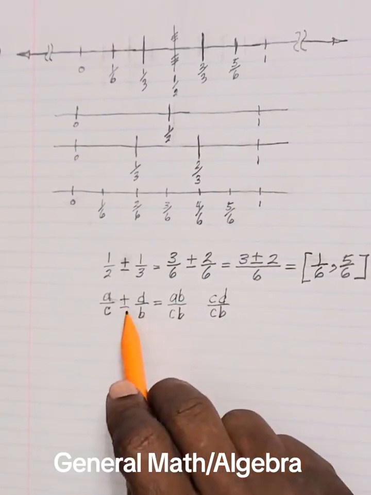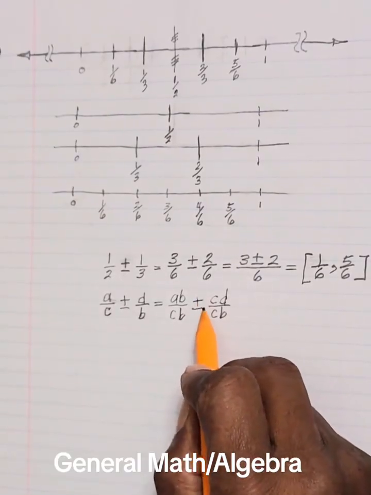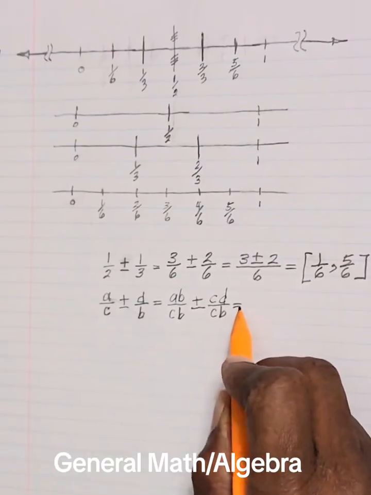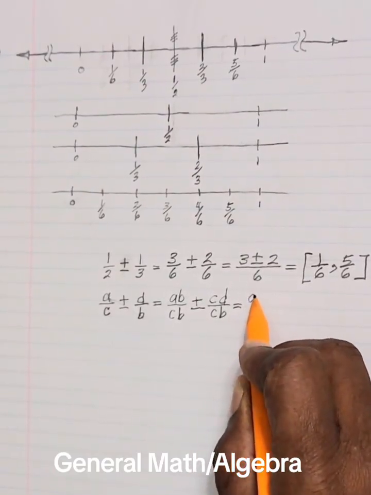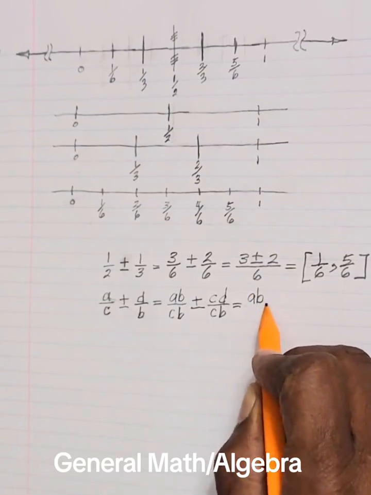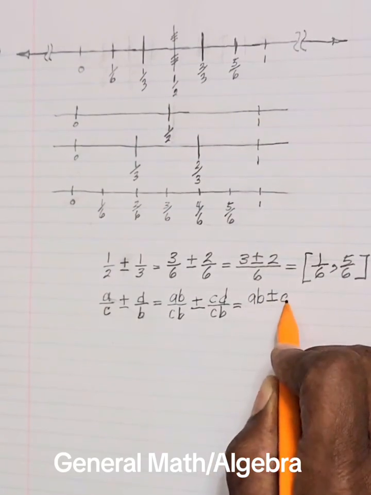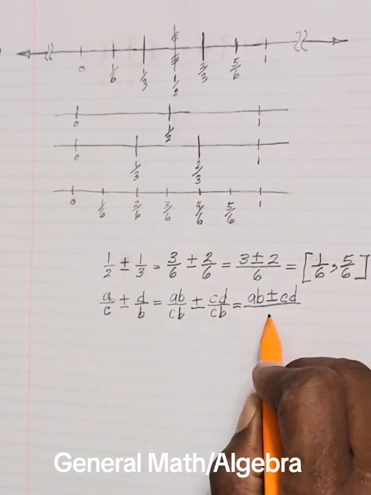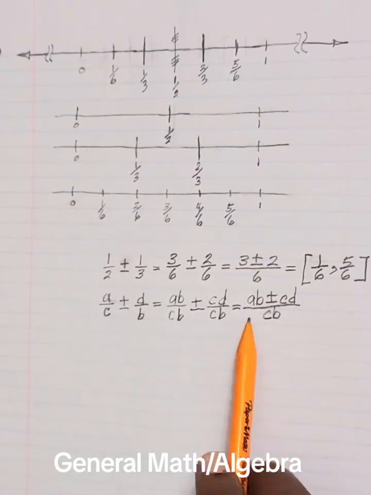Then we can add or subtract, as we were doing, these two together. And we'll get something like this. We'll get a common, A times B plus or minus C times D all over CB. That's what this is.